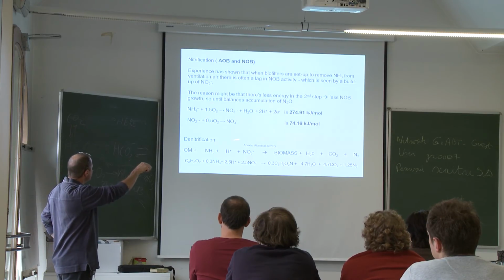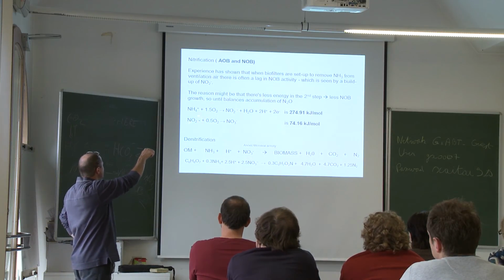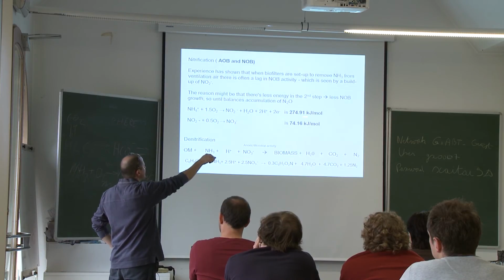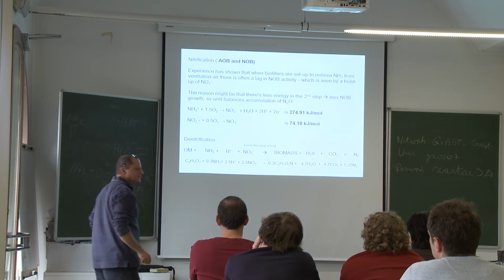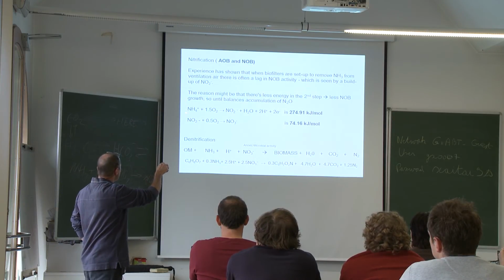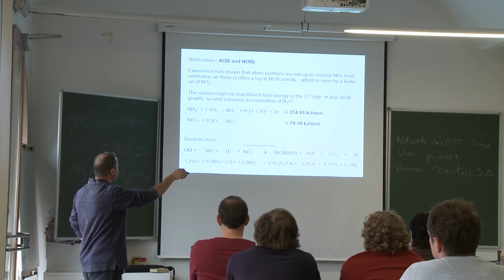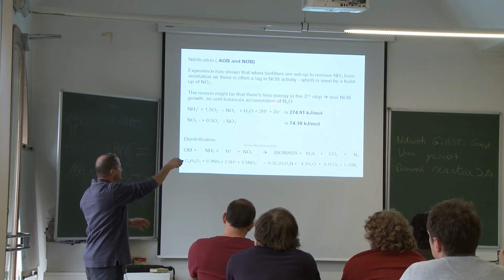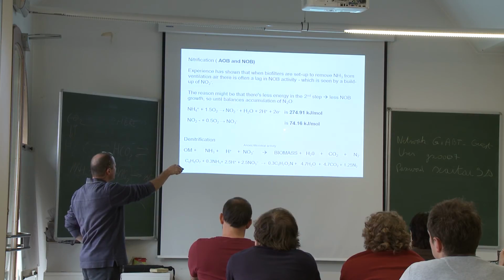And then there is the second process, which is nitrite to nitrate. And you can see that it gains somewhat less energy. So this process is likely to occur faster, or the driving force is greater than for the first process.